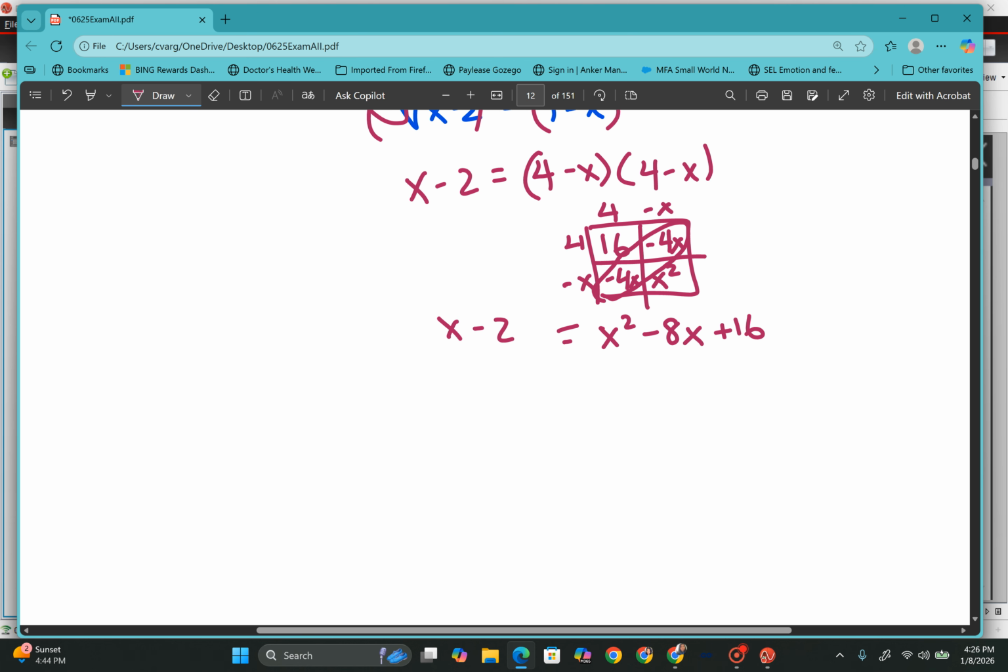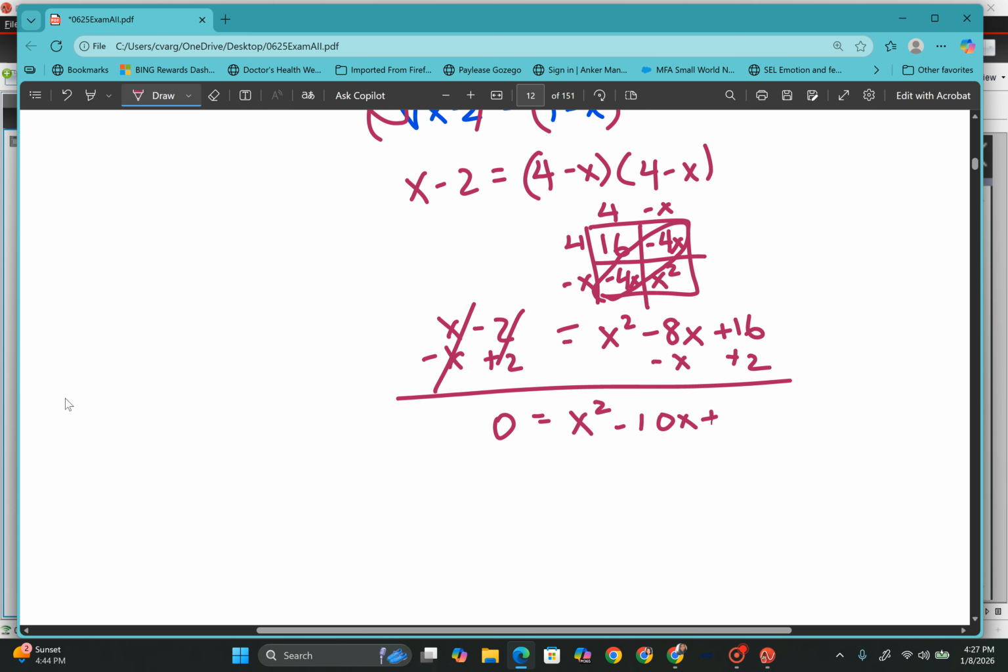Now we're going to get one side equal to 0. So we're going to do minus x and plus 2, plus 2. And now we get 0 is equal to x squared minus 9x plus 18. So we're looking to double bubble this. So we have x and x.